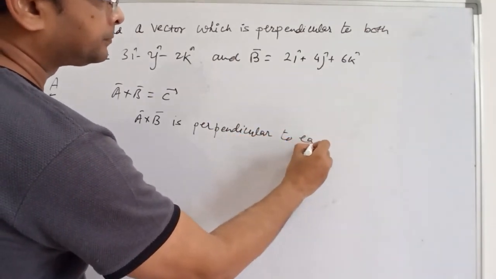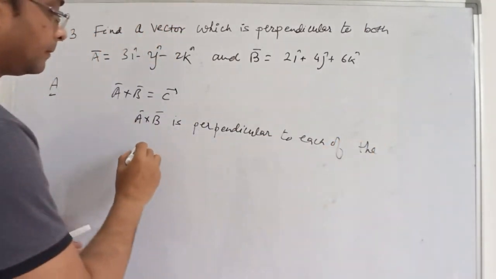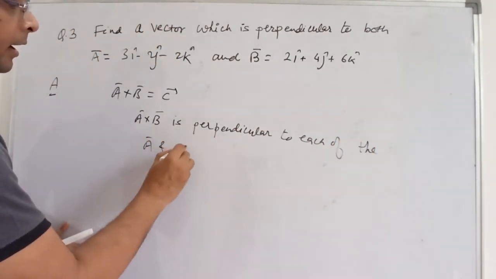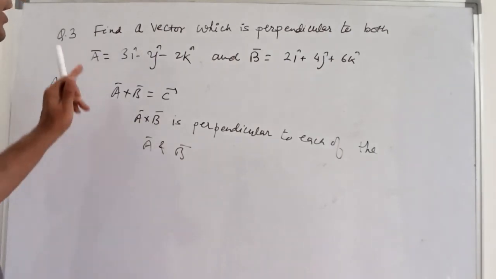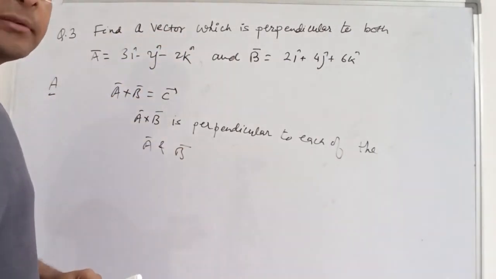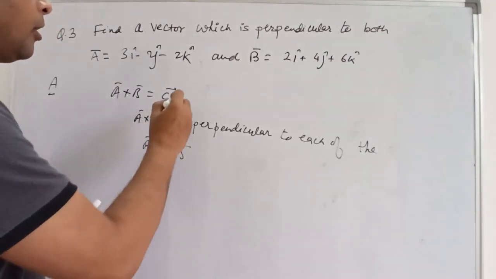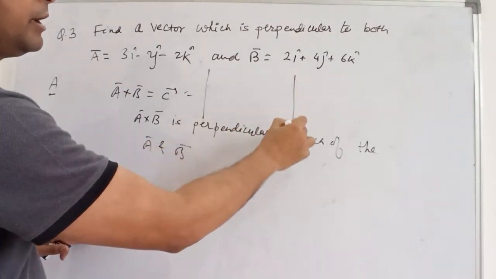So whenever there is a question like this, you just find A cross B and you will get the answer. And we know very well how to find A cross B. Just put a mod over here.